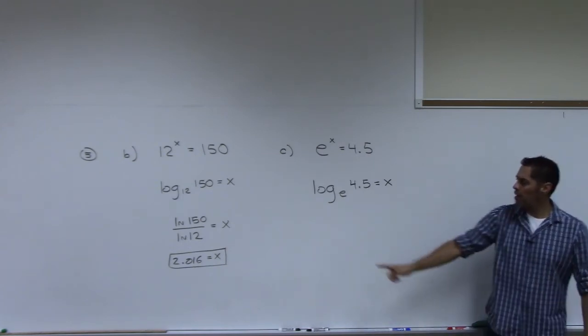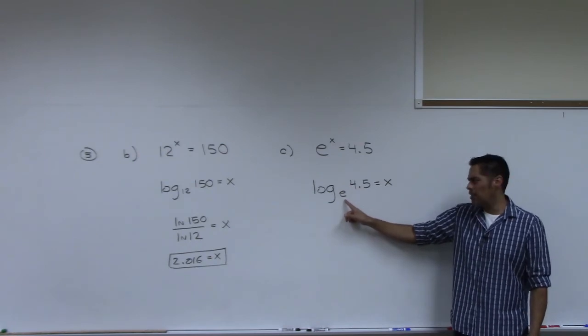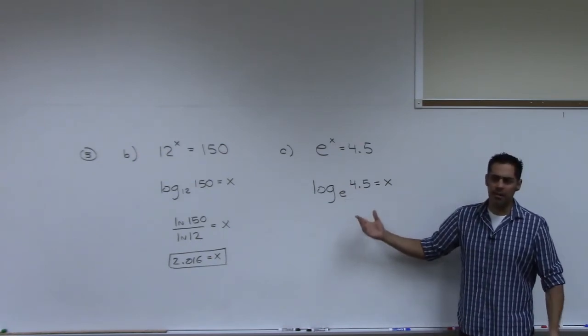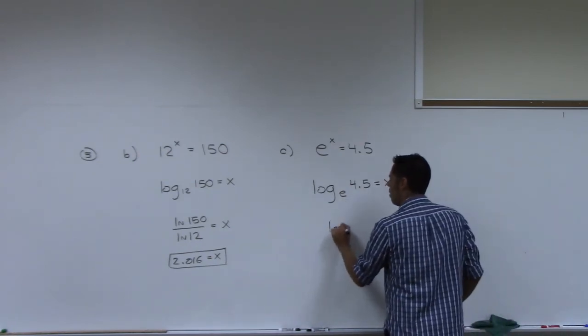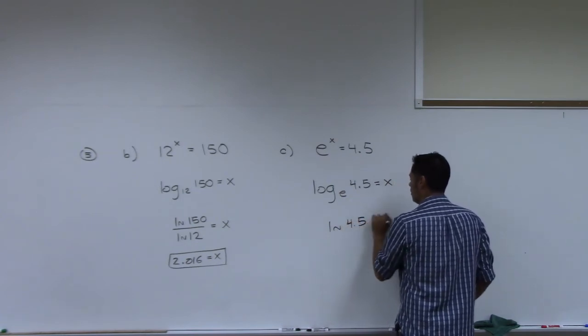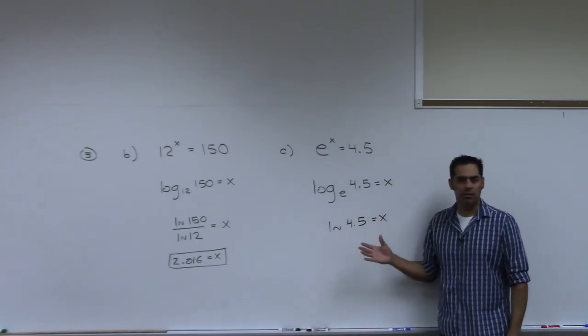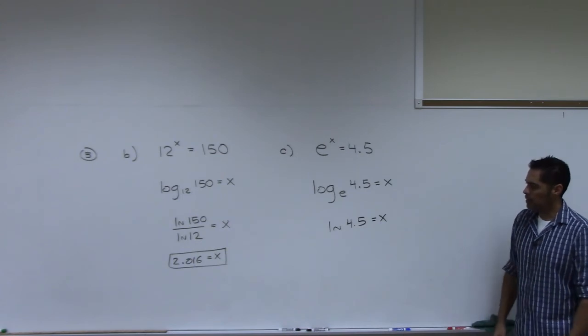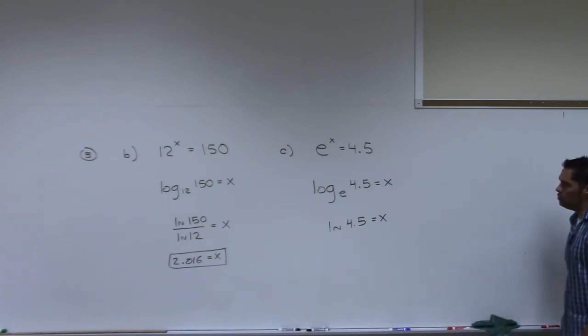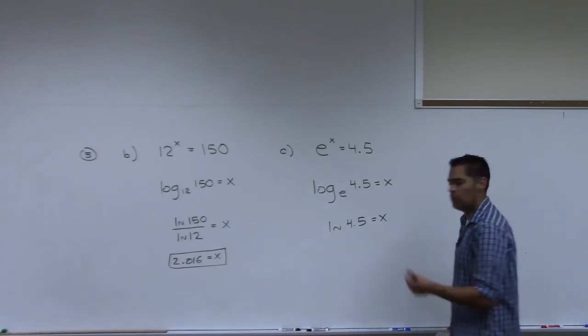However, what is log base e? That's the natural log, isn't it? So this is the same as saying natural log of 4.5, just straight up, you don't have to do any division here. And that should be your answer. Should be like 1 point something. What is it? 1.5 something?